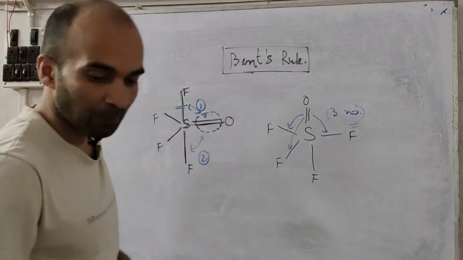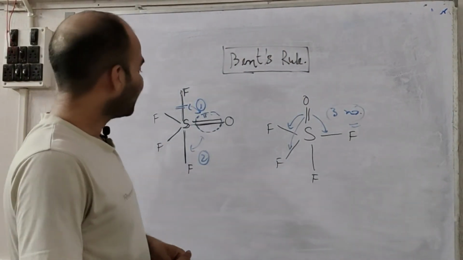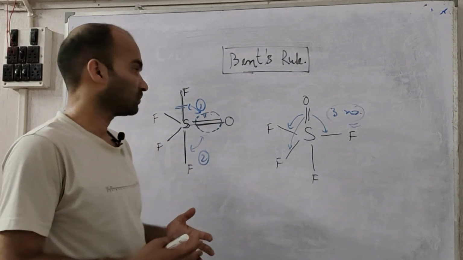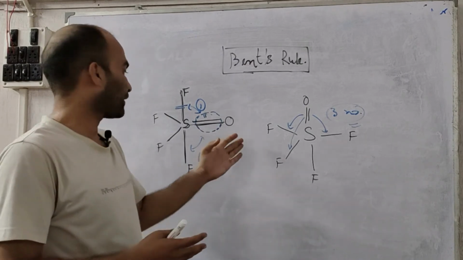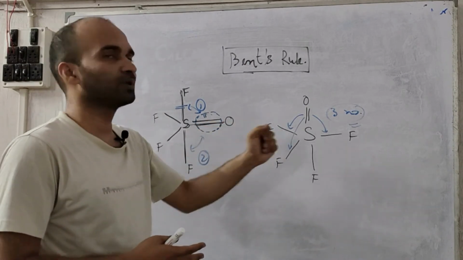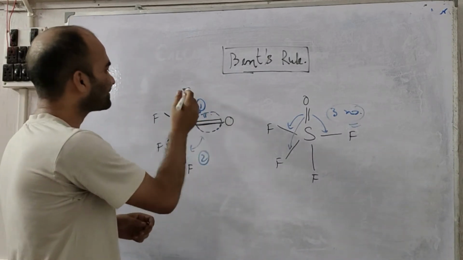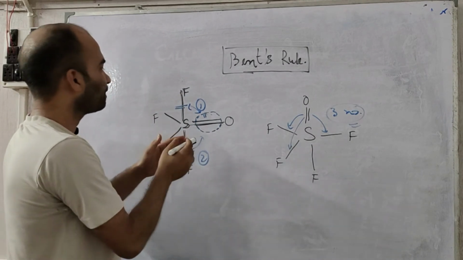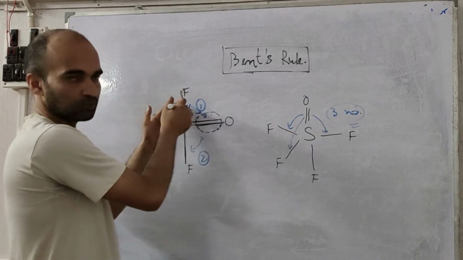And what about Bent's rule? Bent's rule says that where there is a more electronegative atom, it will tend to acquire the equatorial plane. Now, we all know that oxygen is less electronegative than fluorine. So why is oxygen in the equatorial plane rather than fluorine?